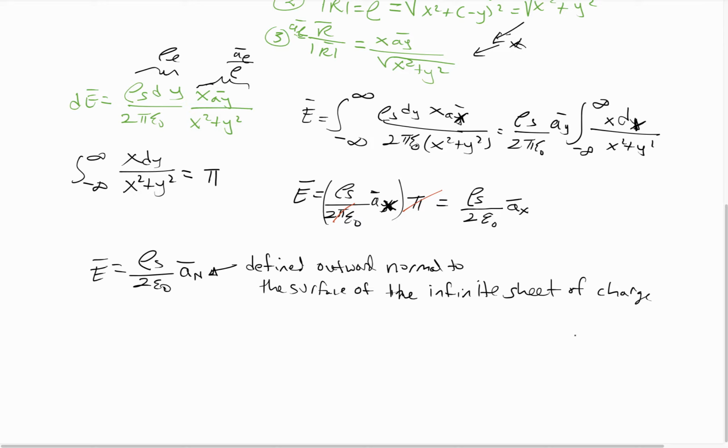And so if we had, say, 2 sheets here, we're going to draw an xyz axis, and we'll have an infinite sheet of charge located at x equals 0, and then say we'll have another infinite sheet of charge located at, say, x equals a.